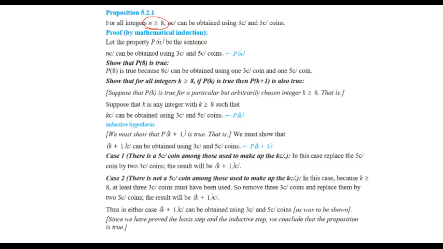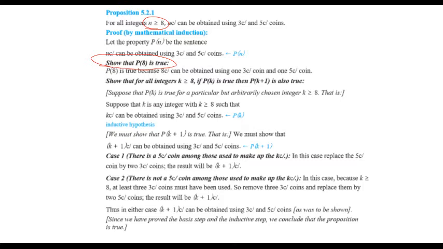As we said, we need to follow two steps. The first step, which is called the basis step, says we need to show that P of 8 is true, because 8 is the constant A that we had in the previous slides.